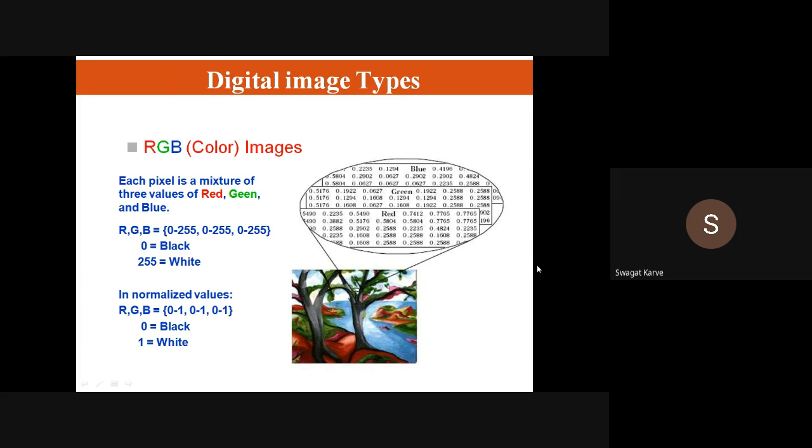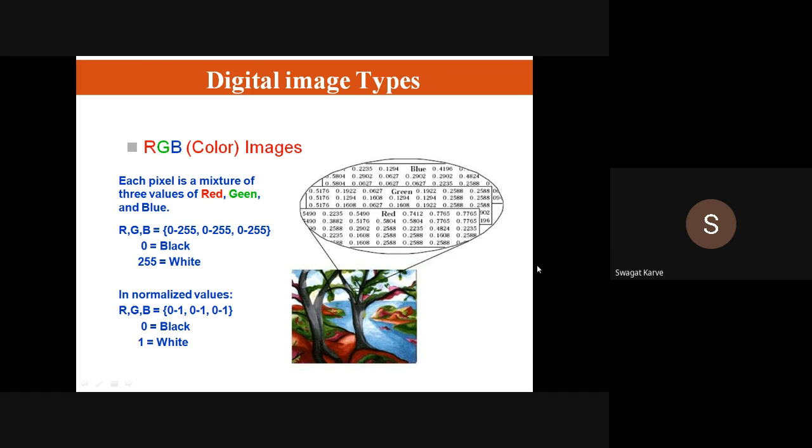Similarly, if you choose b as 24, that means you have used 24 bits to represent a single pixel, then that is known as a color image or RGB image. That means 8 for red, 8 for green, 8 for blue.